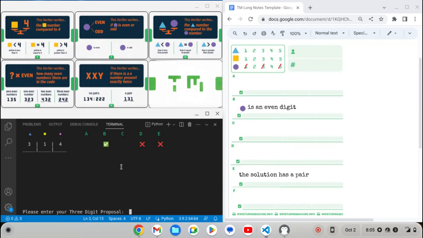So let's go ahead and type that up in section D. And we'll say that the solution has 2 or 3 evens.